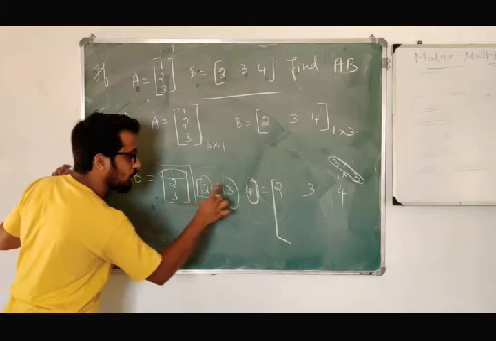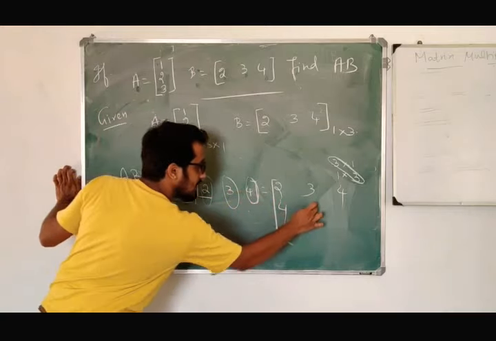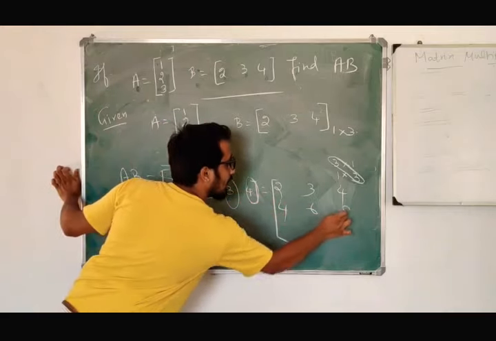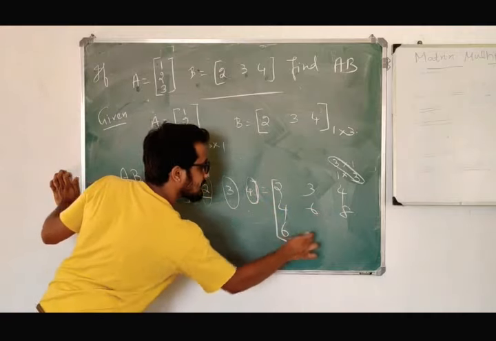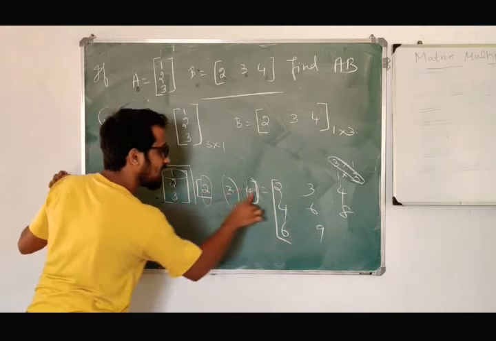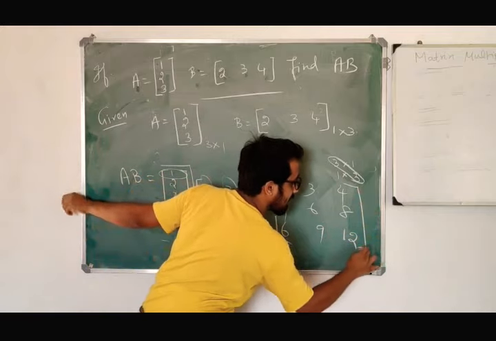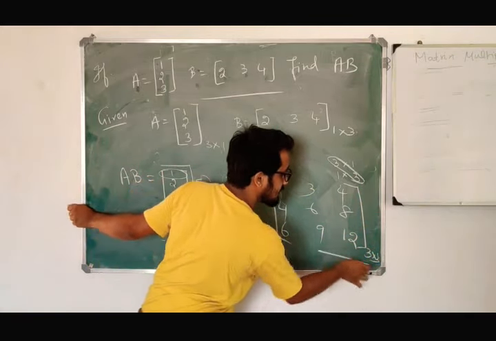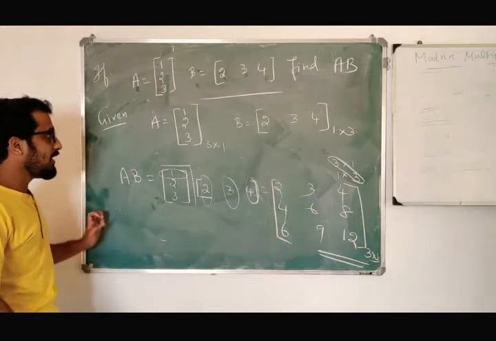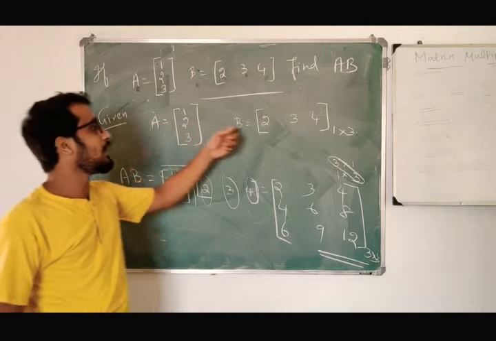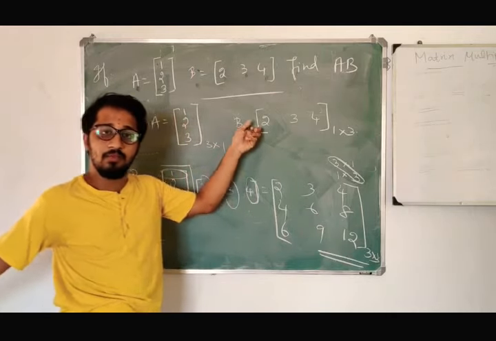Second row, 2 into 2, 4. 2 into 3, 6. 2 4s are 8. 3 2s are 6. 3 3s are 9. 3 4s are 12. You got the 3 by 3 matrix? Yes or no? This is the resultant matrix whenever we are multiplying A and B of different order.